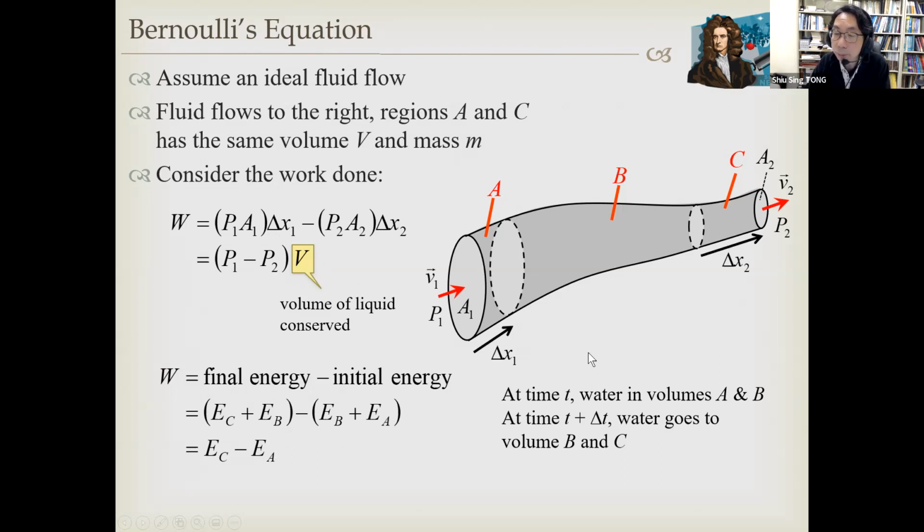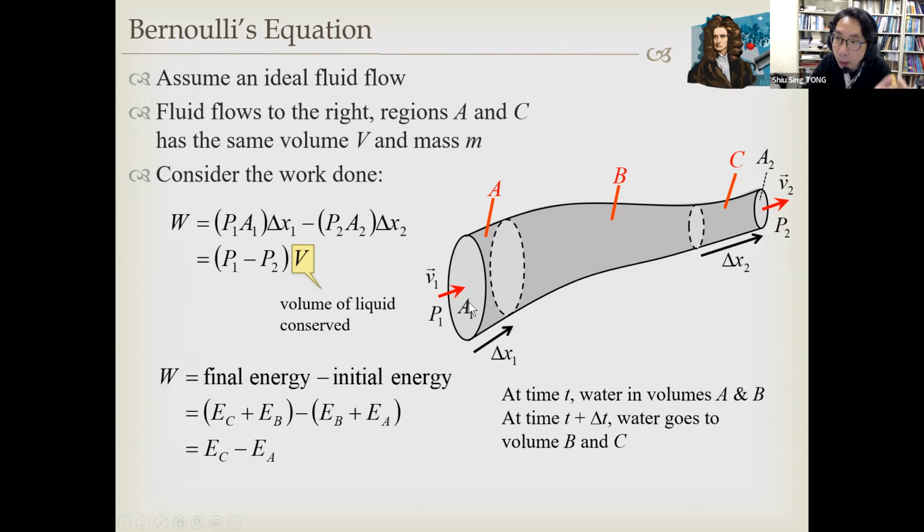Now we should equate the work done to the mechanical energy change, which is equal to the final energy minus the initial energy. What is the initial position of the fluid? Imagine the fluid is initially in regions A and B. After some of the fluid goes into the tube, some of the fluid is forced out on the other side.